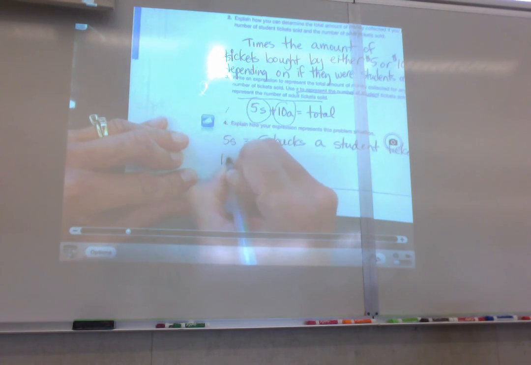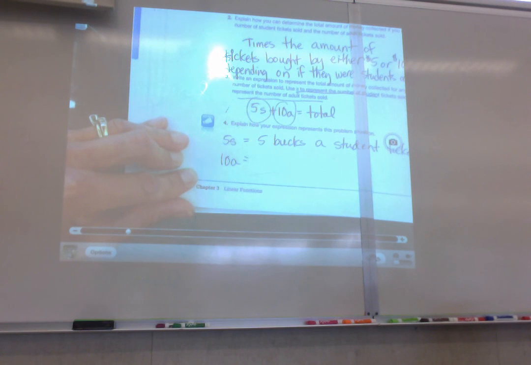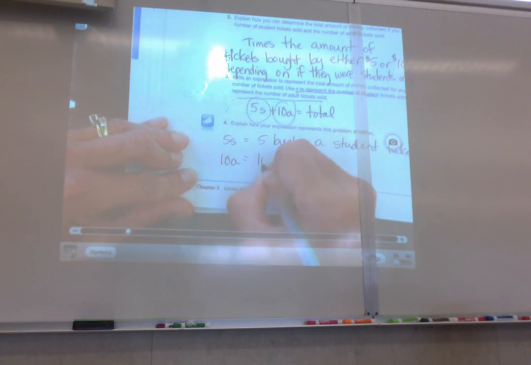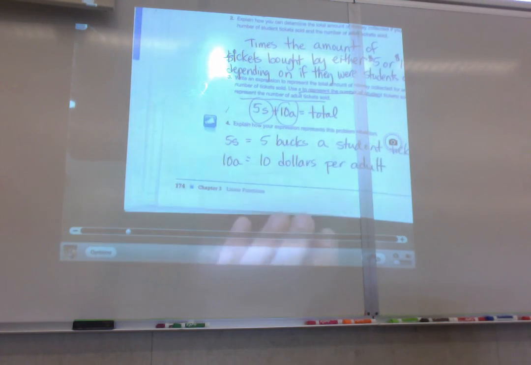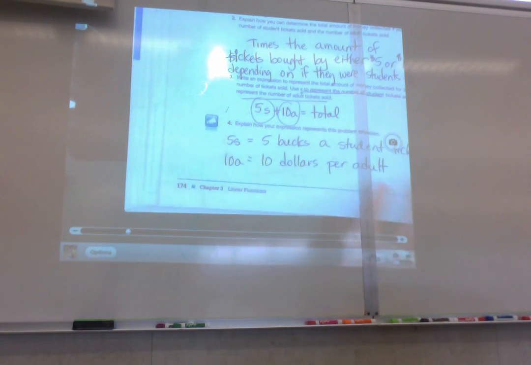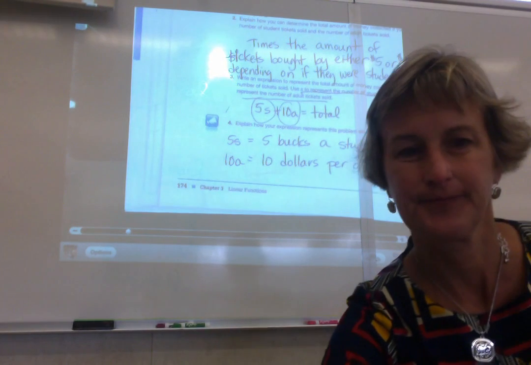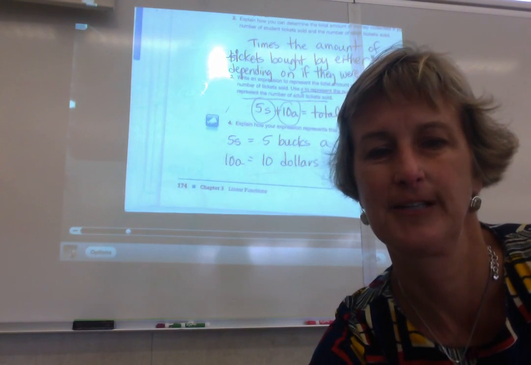And what does 10A mean? $10 per adult. Okay? Moving over to the next page. It's probably a good spot to pause.